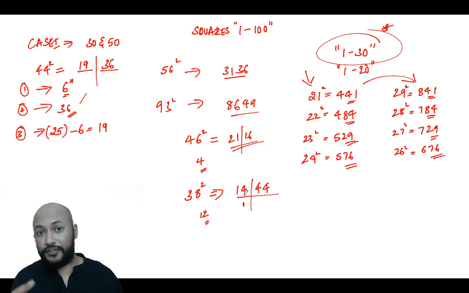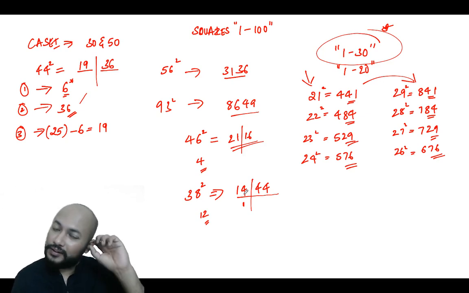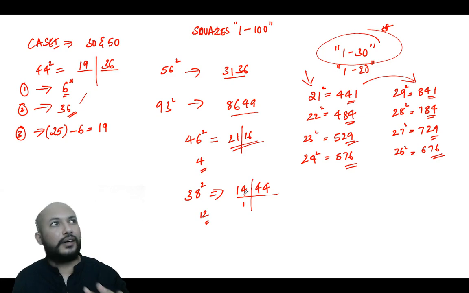What is 8? Difference between 50 and 42. 25 minus 8 is how much? 13. 25 minus 8, I'm sorry, 25 minus 8 is 17, right? So 17, and then you have 64, 1764.